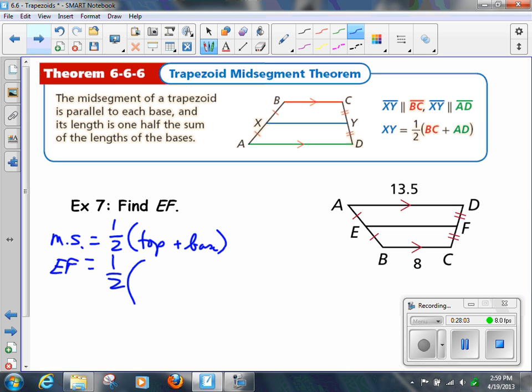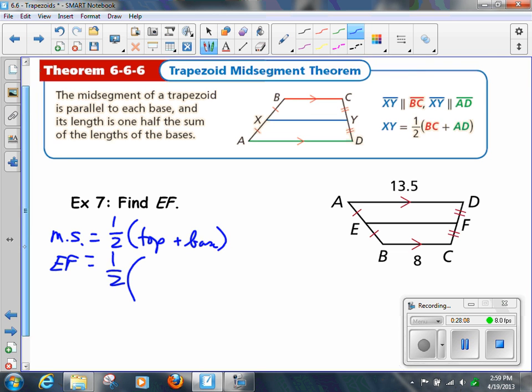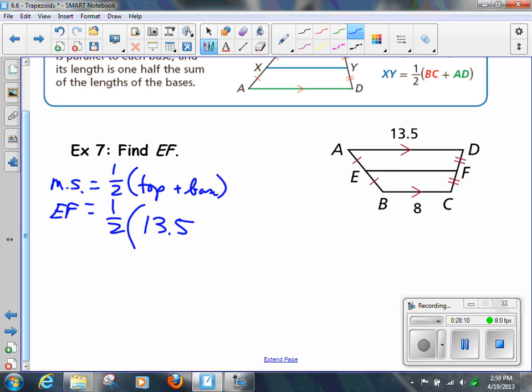That's the mid-segment. What is the length of the top base? 13.5. What's the length of the bottom base? That's supposed to say bottom. So that's 1/2 of 21.5.